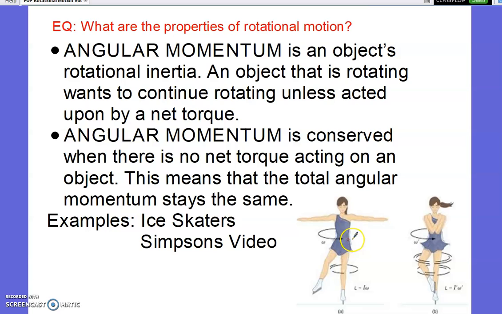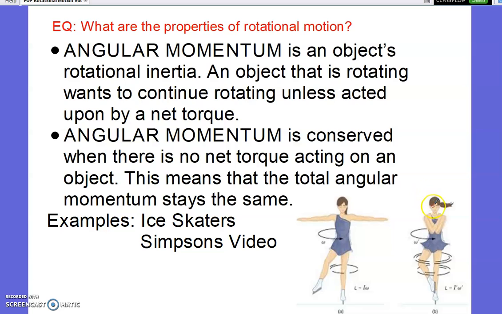We see this example with a figure skater. As a figure skater spins, she pulls her arms in, reducing her moment of inertia or her rotational inertia. Just like when we were spinning the blue and the red rods, when we bring the mass closer to the person, that is going to reduce the moment of inertia.